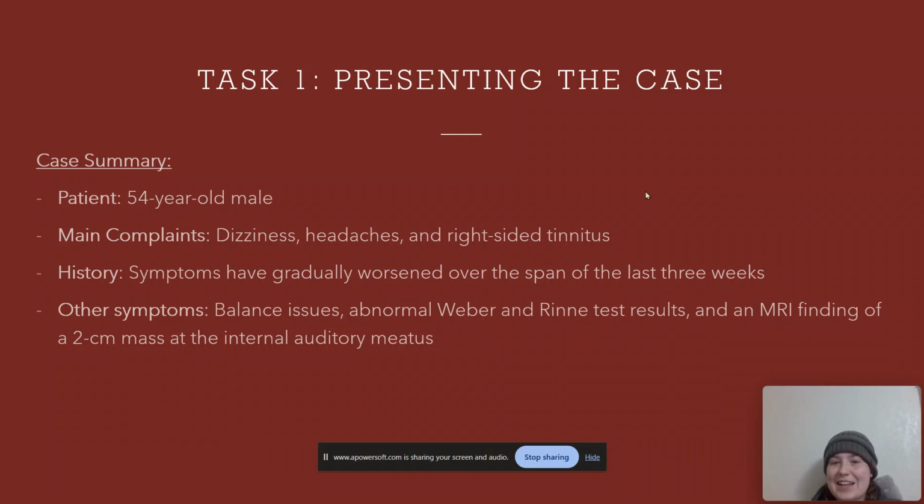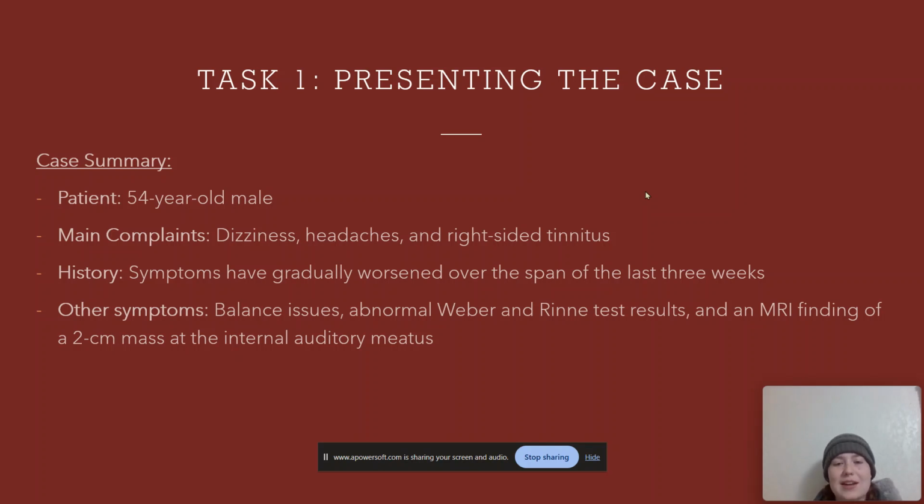So, this case analysis was being presented on a 54-year-old male who was complaining of dizziness, headaches, but then he also was experiencing some right sided tinnitus. His other history showed that over the span of the last 3 weeks, his conditions and his symptoms were progressively getting worse.